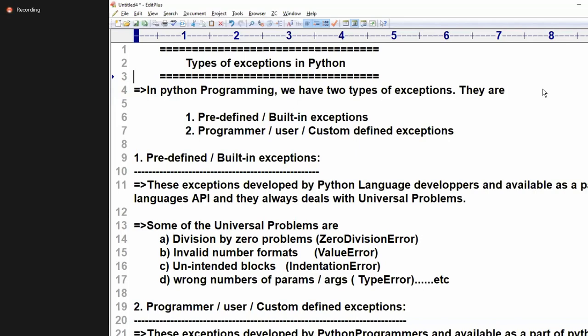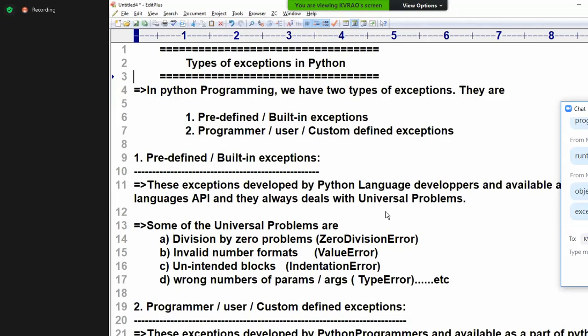Predefined exceptions and programmer defined exceptions. Predefined exceptions are those developed by the language developers, available in the Python language, and they deal with universal problems. These are all universal mistakes, universal invalid inputs entered by our people.